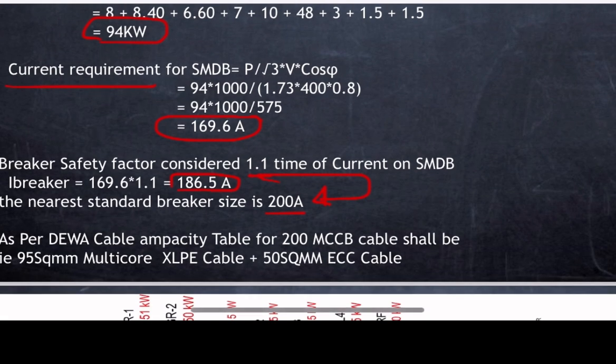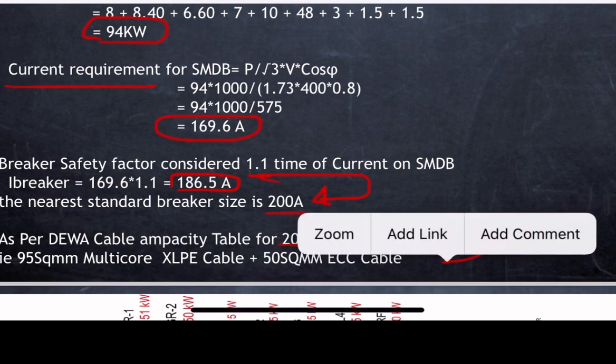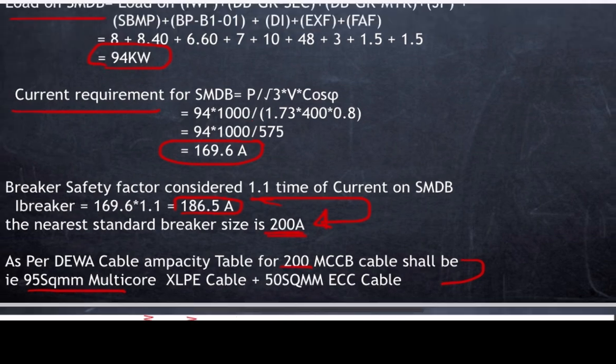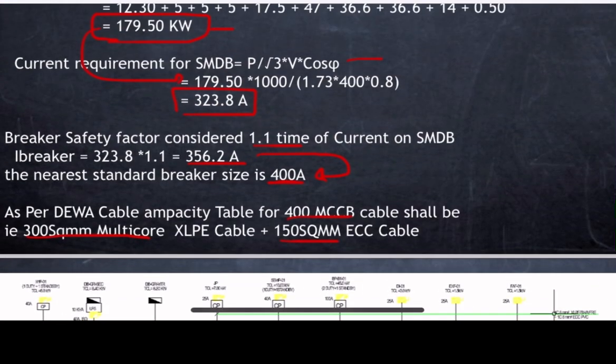Based on the breaker rating, we refer to the DEWA regulation and the cable size is 95 square mm, and half of it for the earthing cable, that is 50 square mm. Now I will show you in the DEWA regulation the cable size for a 200 ampere and for a 400 ampere breaker rating.